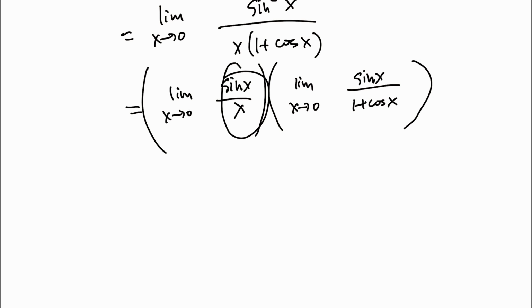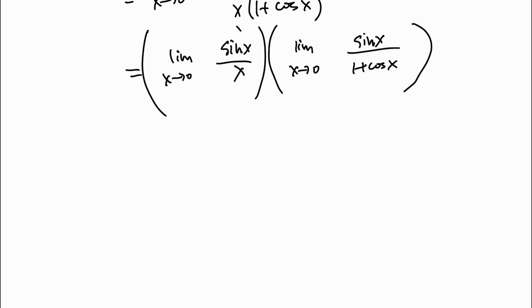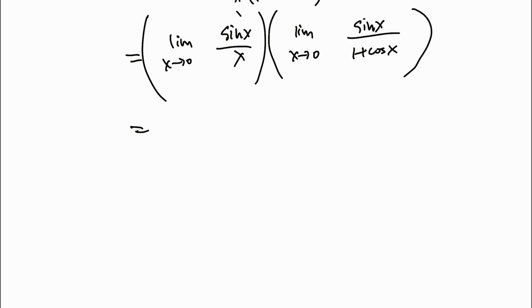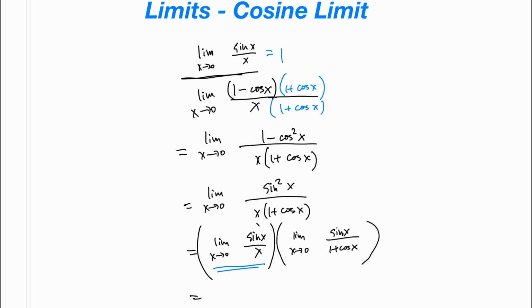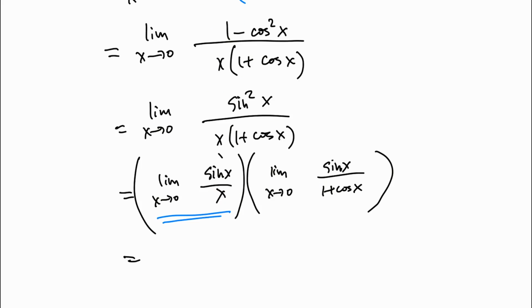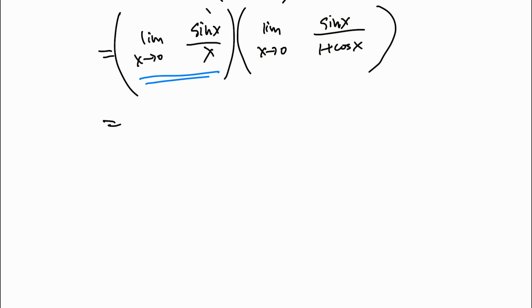We've shown yesterday that the first limit is just equal to 1. So we are just left with the limit as x approaches 0 of sine x over 1 plus cosine of x, and we want to find that.